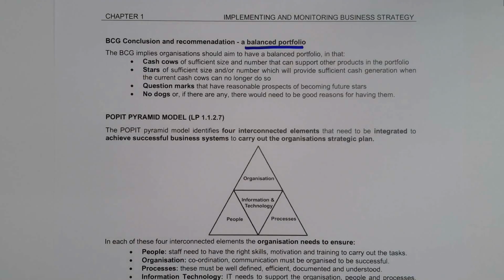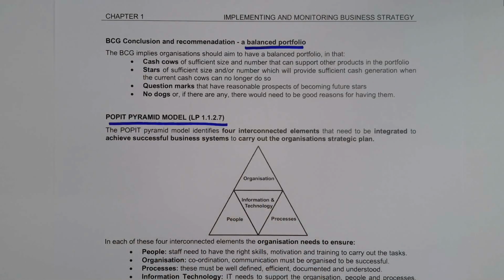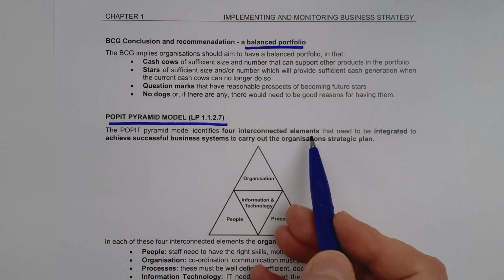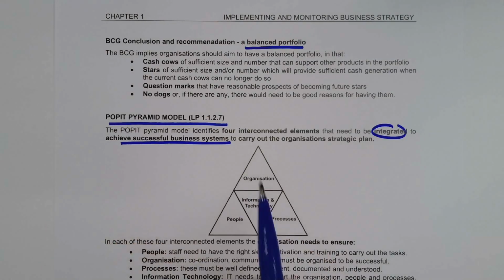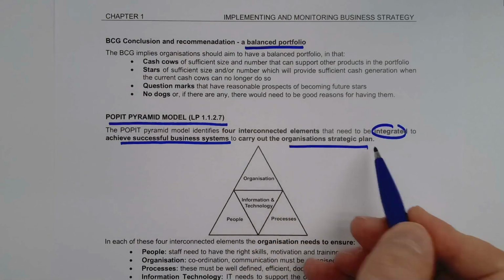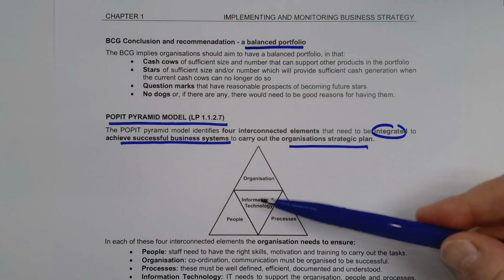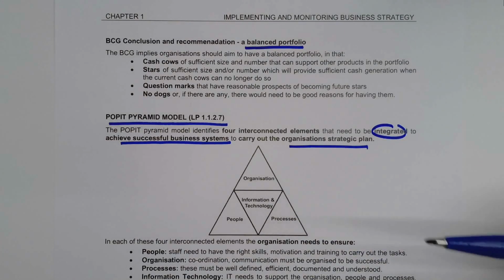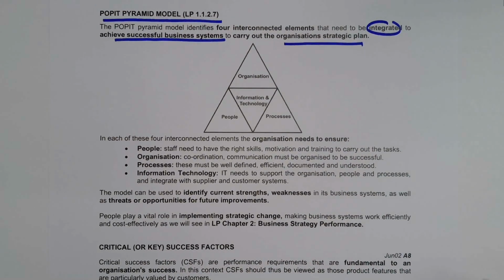We've also got here another model that has never been tested. That's our Leavitt's diamond, the POPIT pyramid model. This one talks about there being 4 interconnected elements that need to be integrated to achieve successful business systems. So if we are going to be successful at carrying out the organisation's strategic plan, these 4 important elements all need to be integrated and linked to one another.